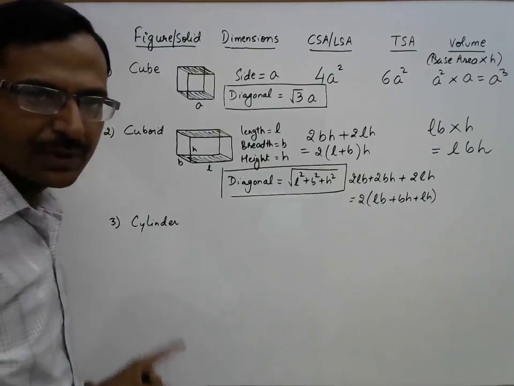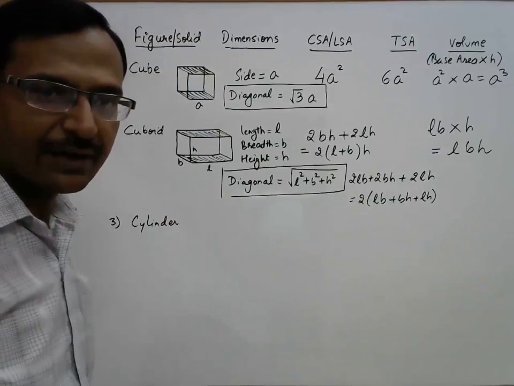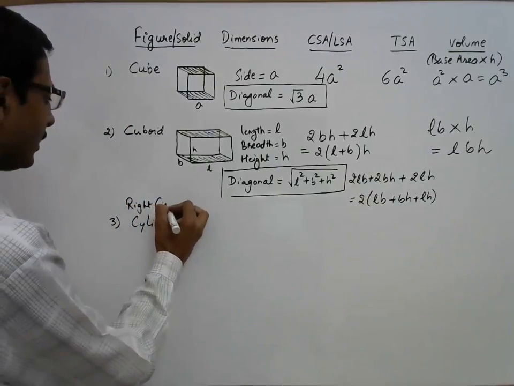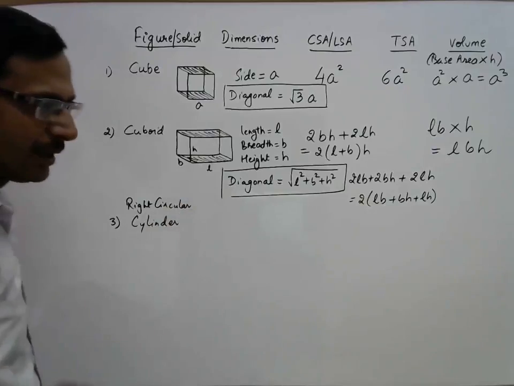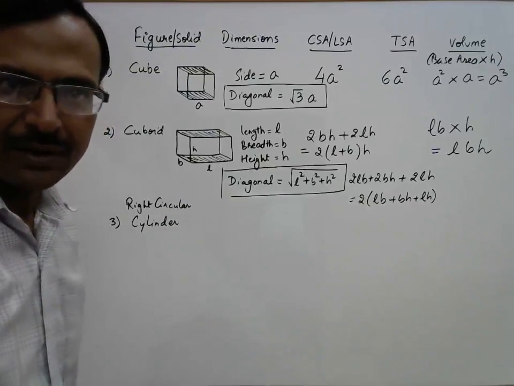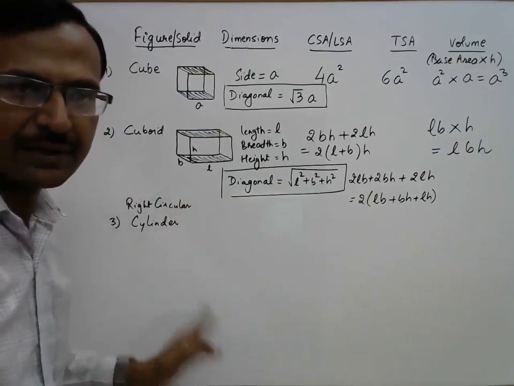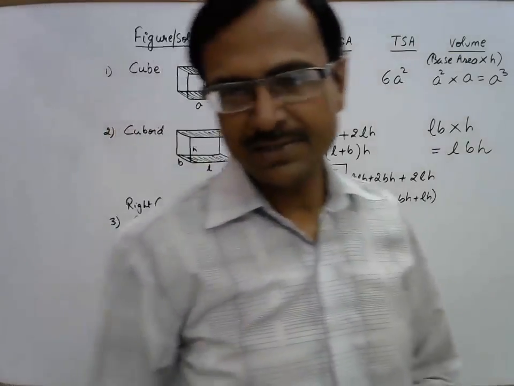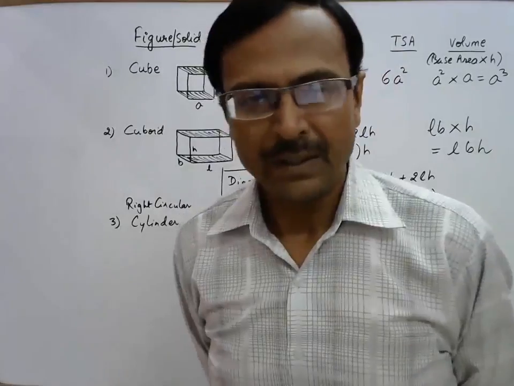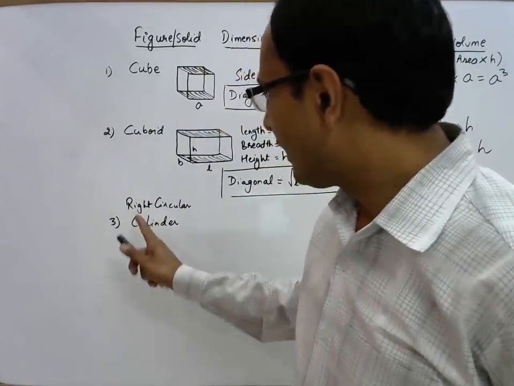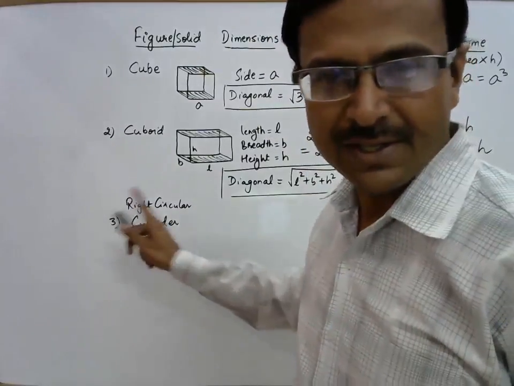Usually in books, you will not find the word cylinder, you will find a right circular cylinder. Can anyone tell me why a cylinder is written as a right circular cylinder? Yeah, in your comments, please. Just waiting for your live comment as to why a cylinder is called a right circular cylinder.